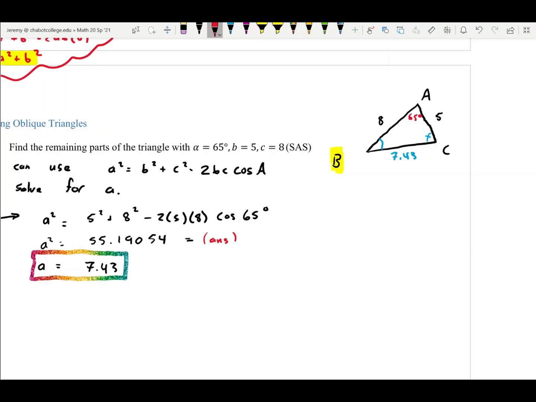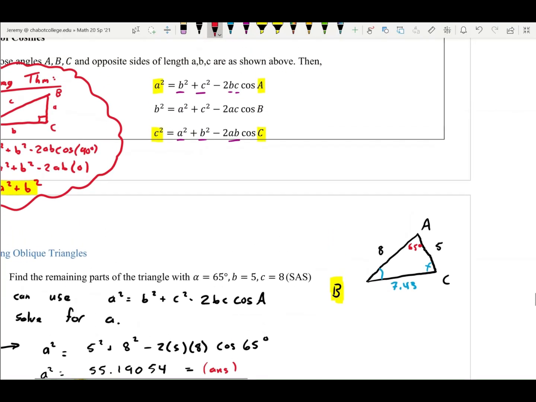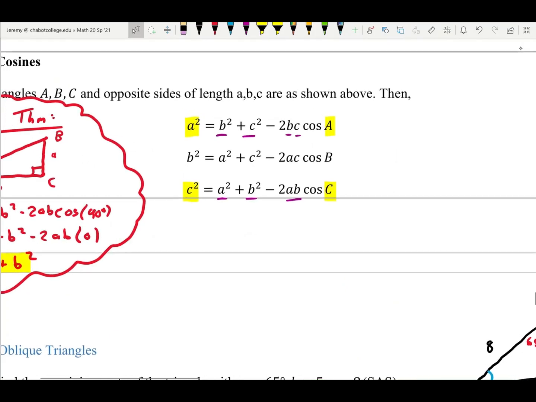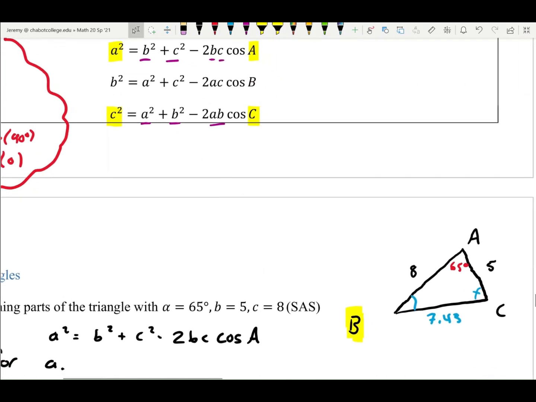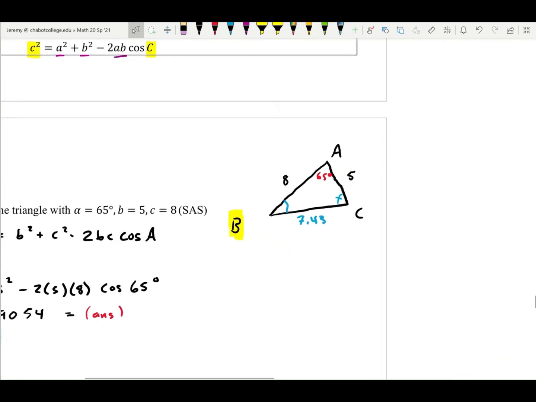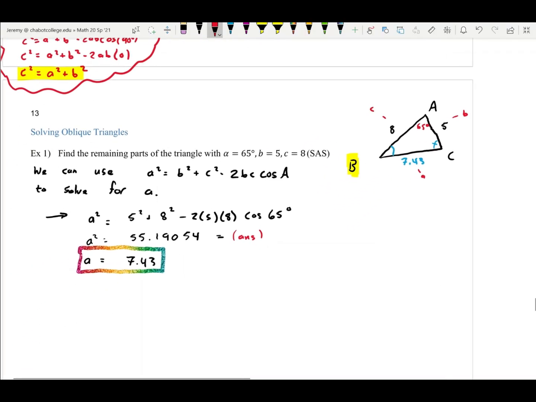First of all, if I'm trying to solve for angle B, that means that I would be using this second formula right here. So I'm going to need to use all of those side lengths a, b, and c, which I luckily have now. So, there's a, there's side length c, there's side length b. So let me show you how I can solve for the angle B.